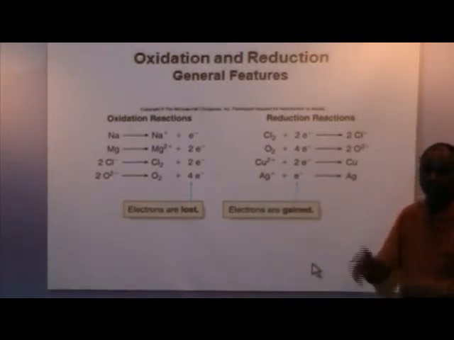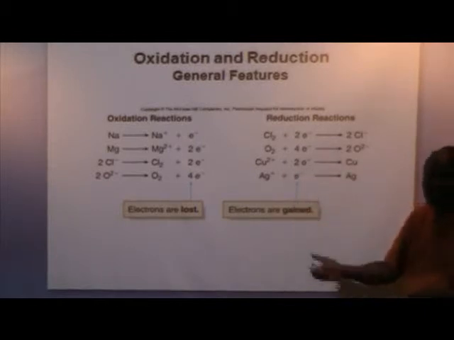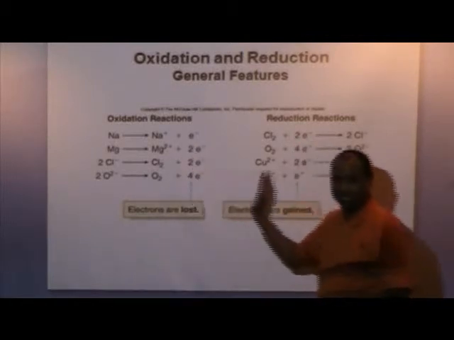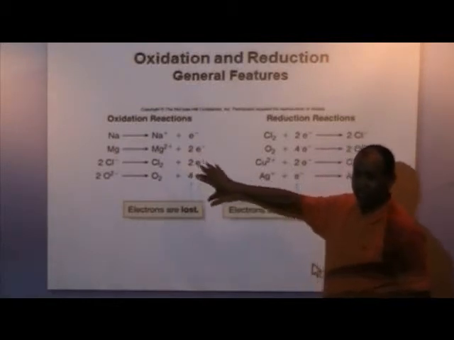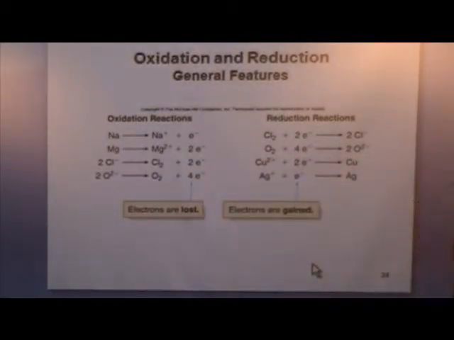I'm not losing, I'm profitable here. These are lost, they are oxidized, but these are gained. This is like an exothermic process, and this is like an endothermic process. I would study it that way, so that might be easier for you to understand oxidation and reduction.